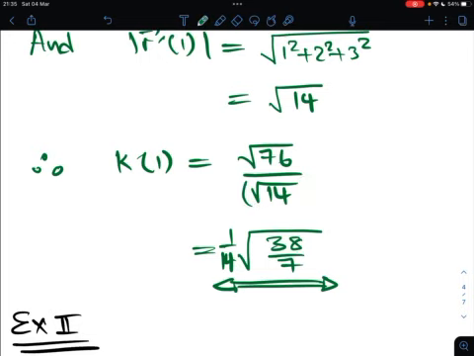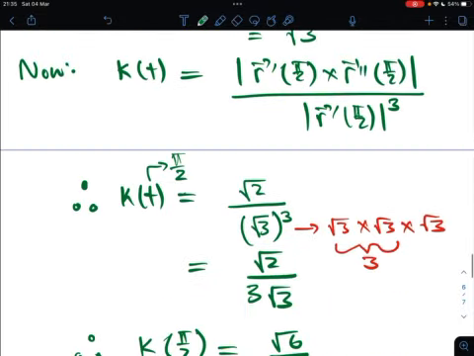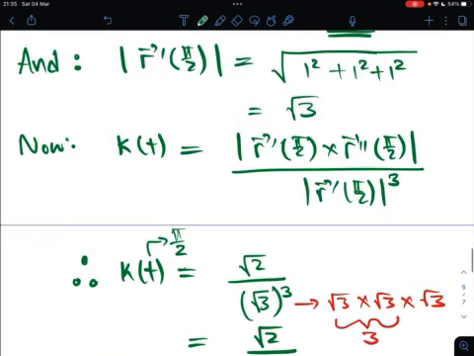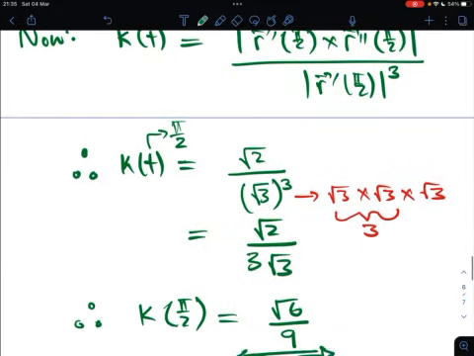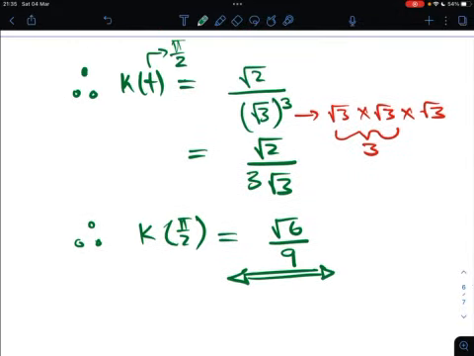So it was supposed to be cubed, and then this will give us the result that we have here. This is how you work out the curvature of any given space curve at a particular point. You just have to use this formula, calculate everything that you need, find the cross product, and then do your substitutions, and you get the curvature out.